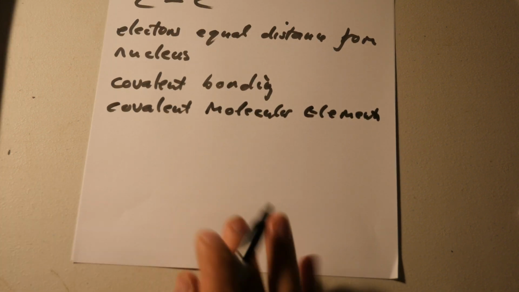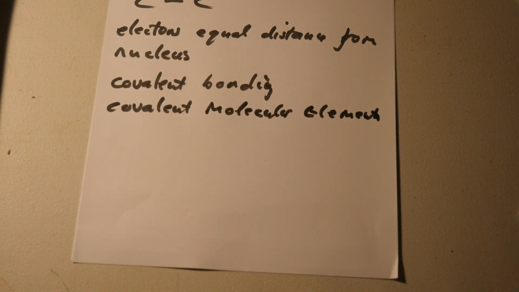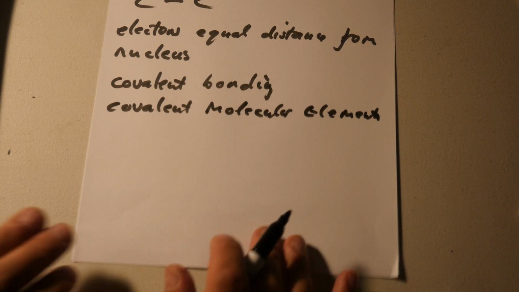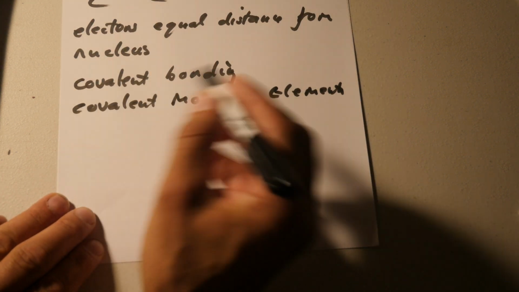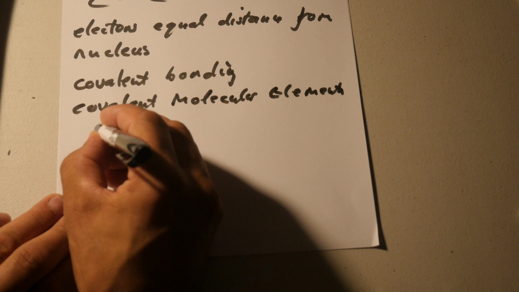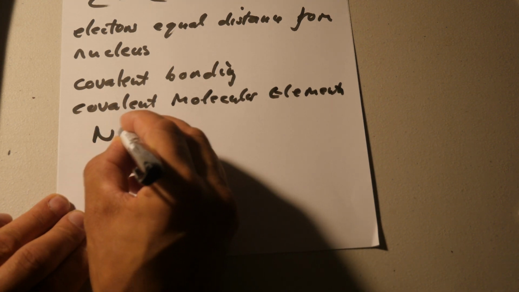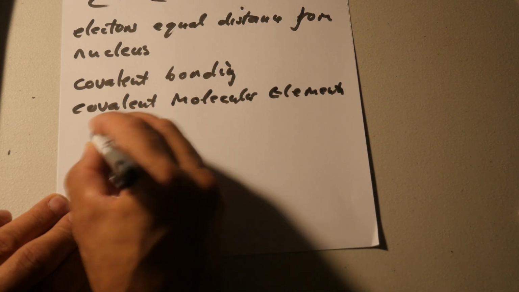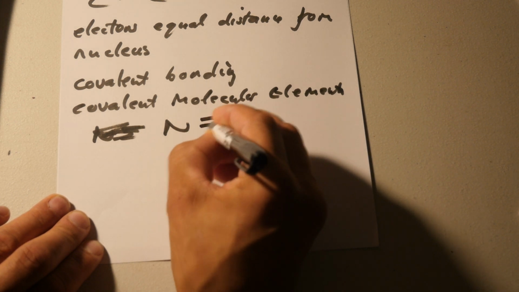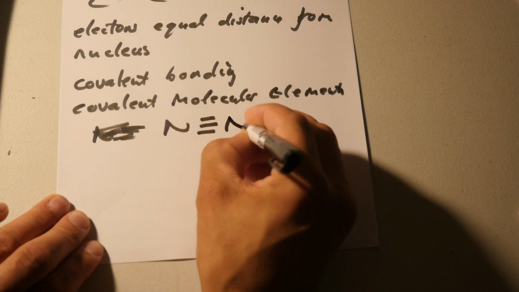Examples include, well, I've shown you carbon-carbon. You've got nitrogen molecules too. Nitrogen is a triple bond, okay?